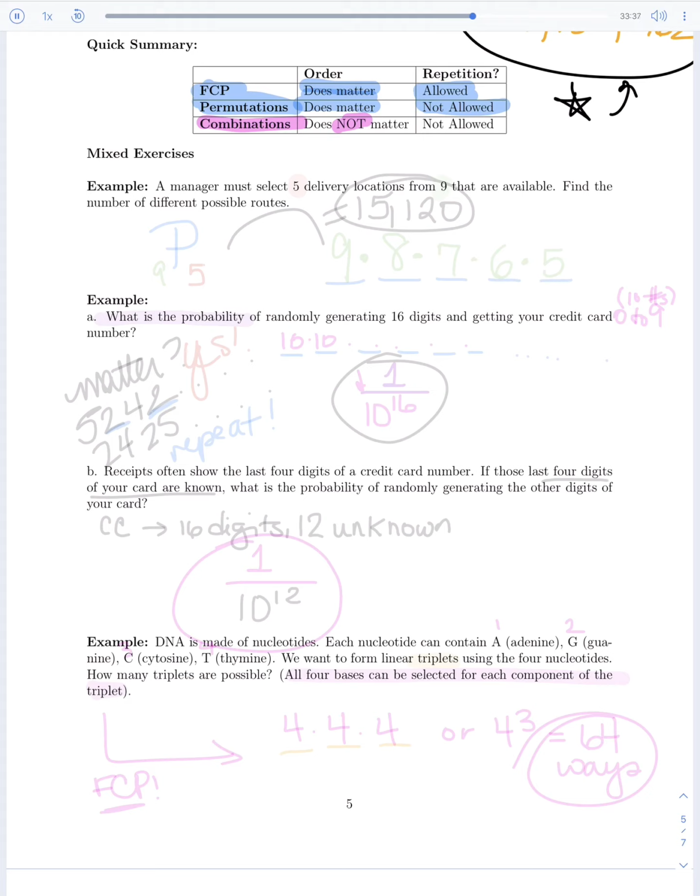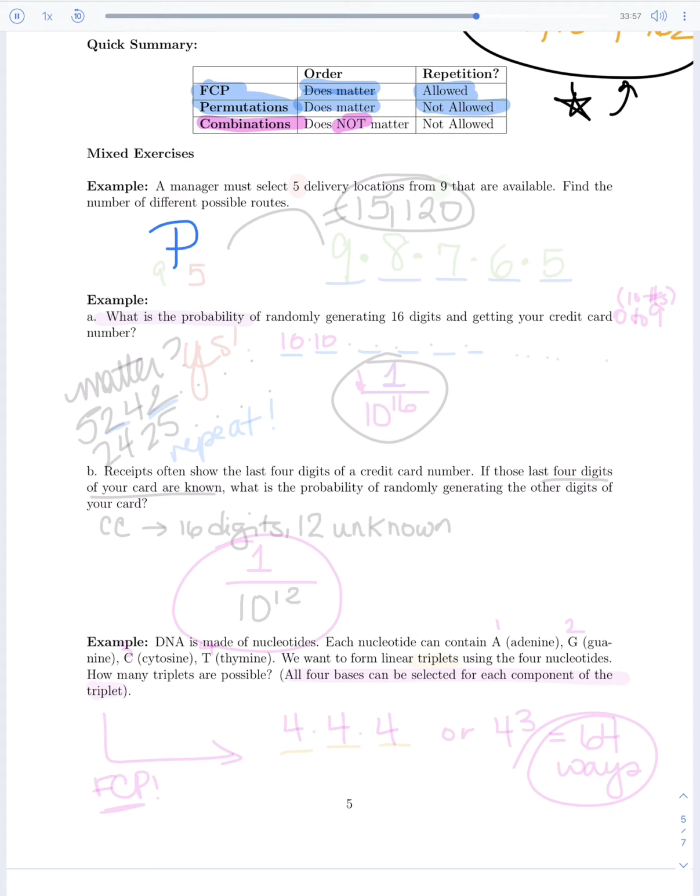So in this particular one, because we're trying to make an order or route, we're going to use either the fundamental counting principle or permutations. Because we're doing delivery locations, we're going to assume we're not going to go to the same delivery place twice, so we're not going to repeat ourselves anyway, so we can use permutations.